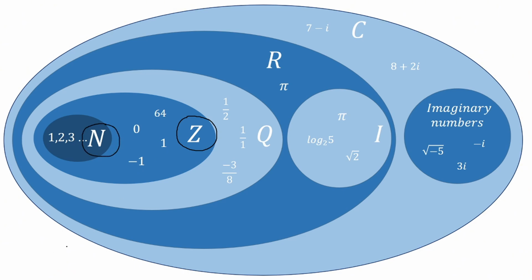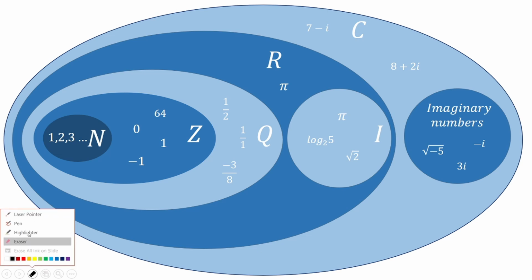So essentially, the natural numbers and the integers both belong to the set of rational numbers. Those are numbers like, for example, 1 over 2, or 1 over 1, which is equal to 1, or negative 3 over 8. Essentially every number which you can write as a fraction where the numerator belongs to the set of Z, the integers, and the denominator belongs to the set of N, the natural numbers.